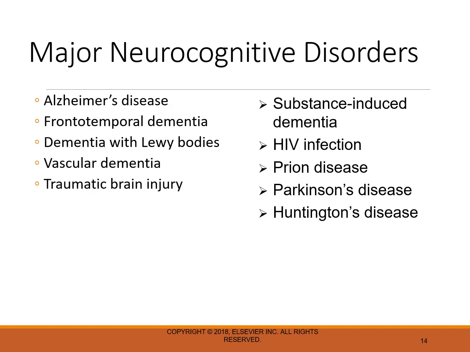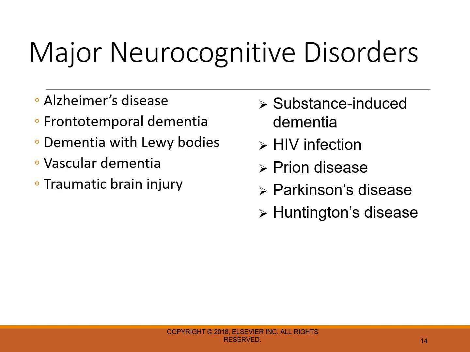So some causes for major neurocognitive disorders include Alzheimer's disease, frontotemporal dementia, dementia with Lewy bodies, vascular dementia, traumatic brain injury, substance-induced dementia, HIV infection, prion disease. Prion is a virus, Parkinson's disease, and Huntington's disease.